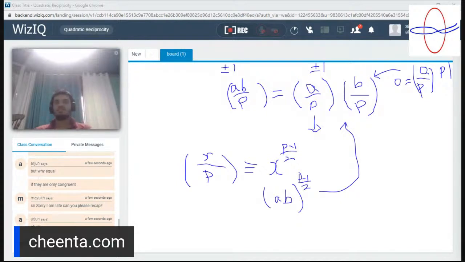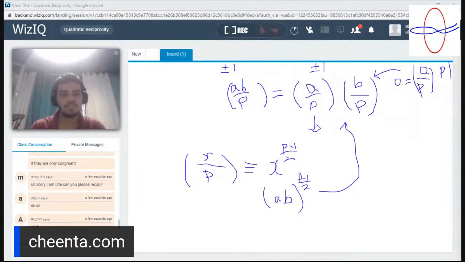Right. So we were just discussing a few properties of Legendre symbols. The first one being the simple: if a congruent to b mod p, then (a/p) is equal to (b/p). The second one, a little bit more involved, is that (ab/p) is equal to (a/p) times (b/p).